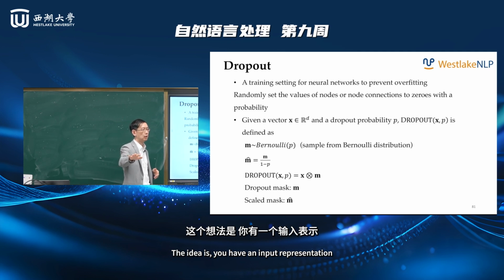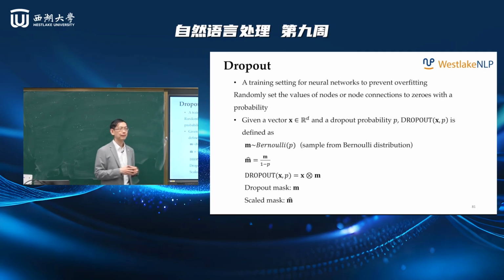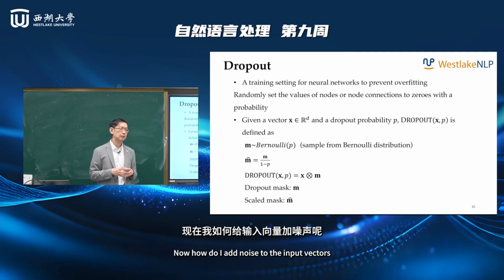Now, I deliberately make some noise in your input to make you look a little bit different from yourself every time I train you. Now, how do I add noise to the input vectors?